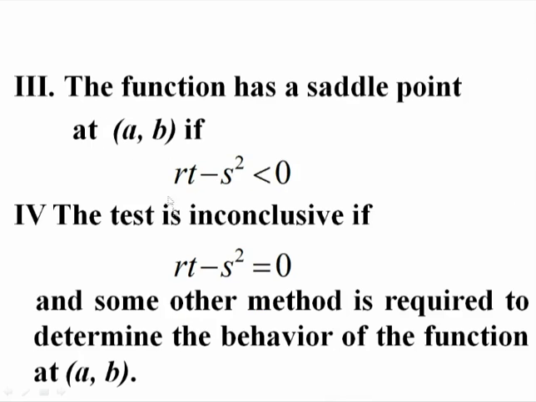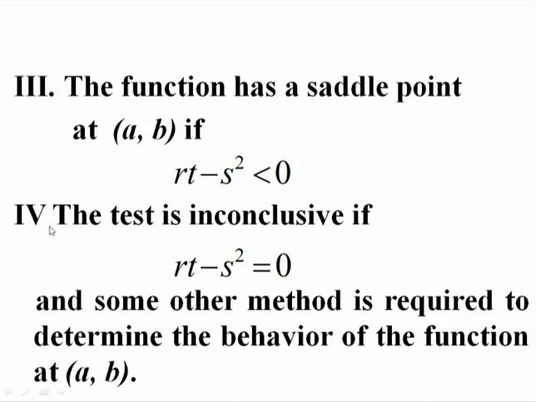Okay, now I come to the third case. The function has a saddle point at (a, b) if rt minus s square is negative, or less than 0. So if rt minus s square is less than 0, then the function does not have an extreme value at this point (a, b). Okay, fine.